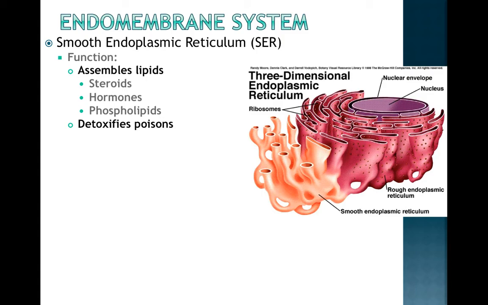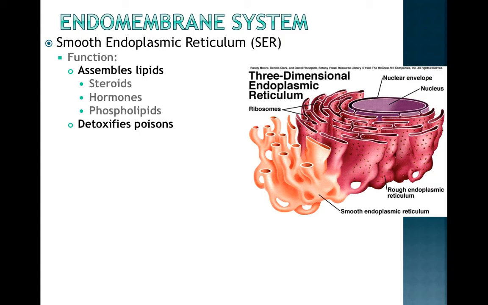Another cool thing that it does is that it detoxifies poisons. So anything that you take into your body, like medicine that needs to be broken down, is going to get processed by the smooth ER. So cells in your liver actually have lots of smooth ER because your liver is going to help detoxify your body.